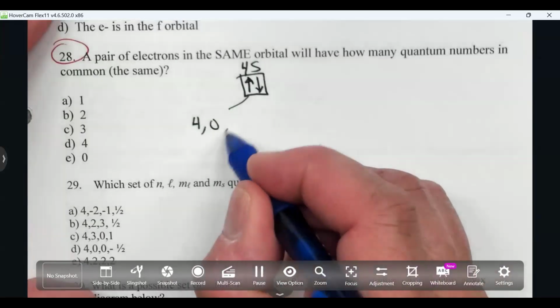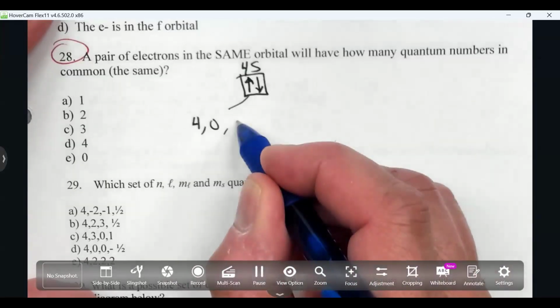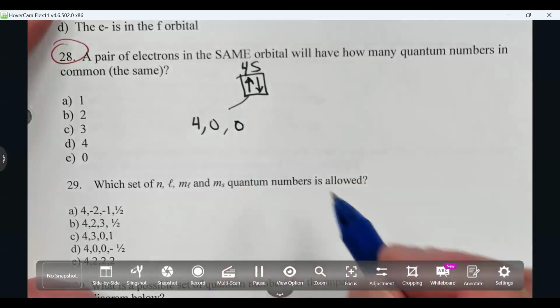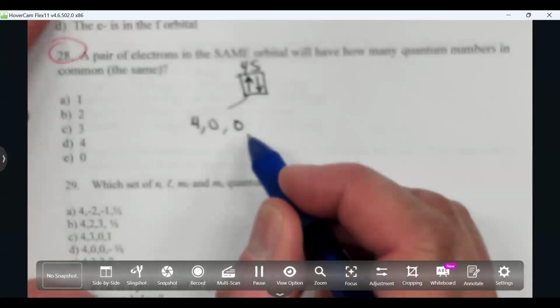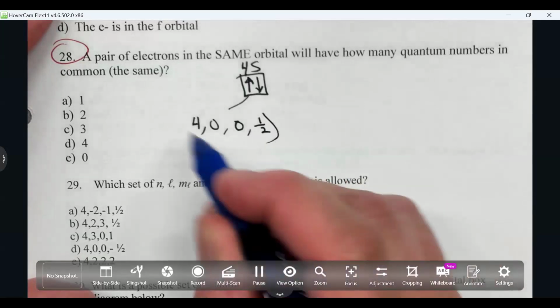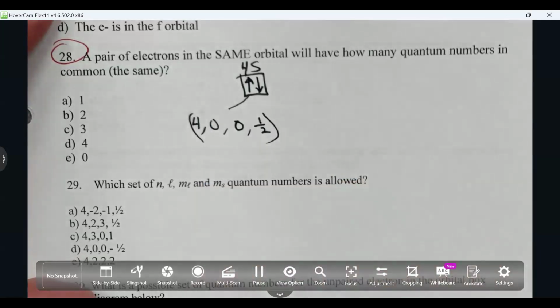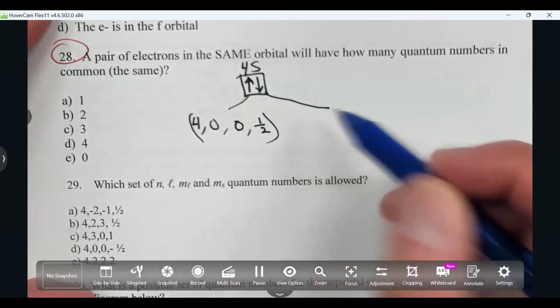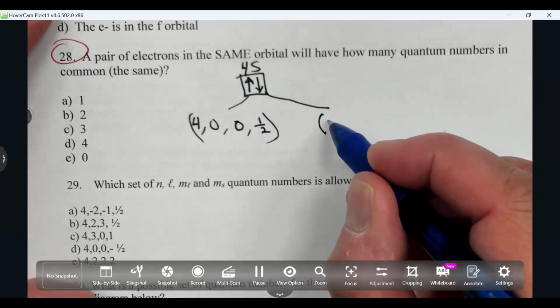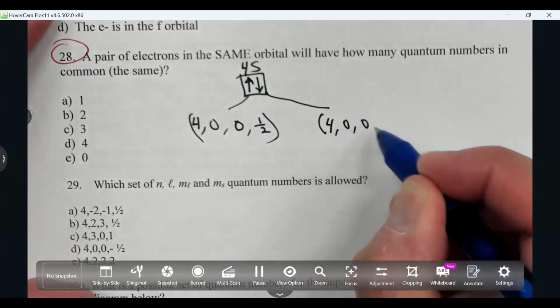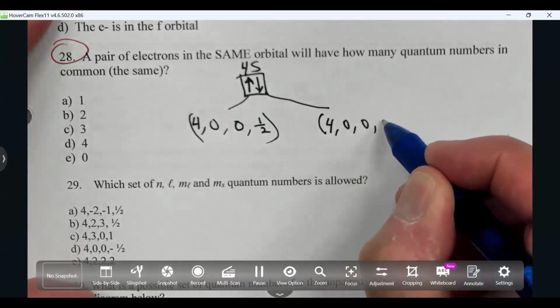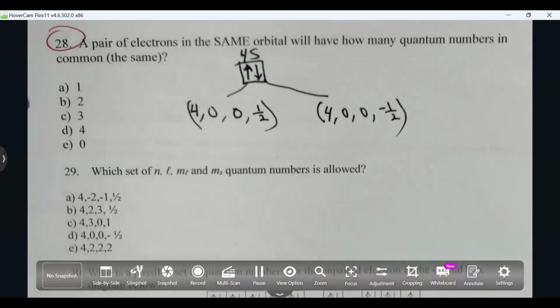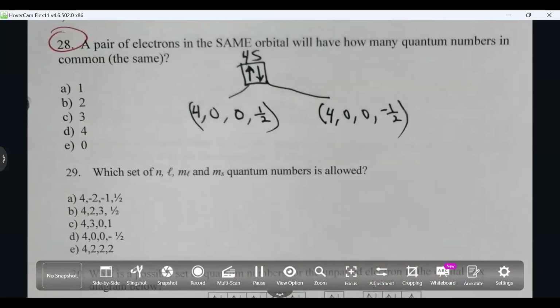My third quantum number goes from -0 to +0, so that's a 0. And my last one is 1/2. Yes? Four, 0, 0. What's the only difference? Minus 1/2, right? Those are 2 electrons in the same orbital.